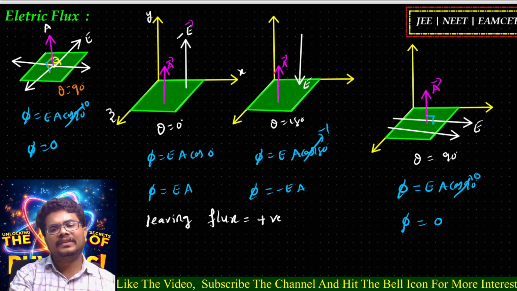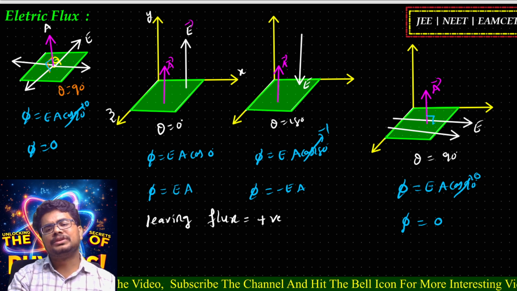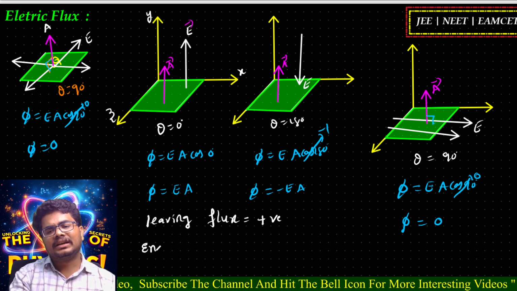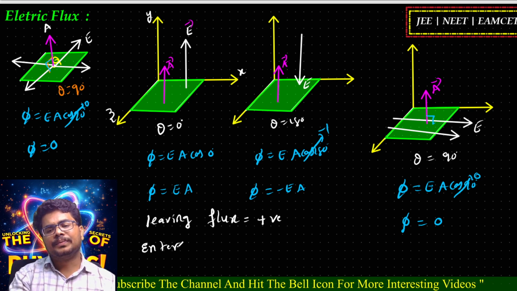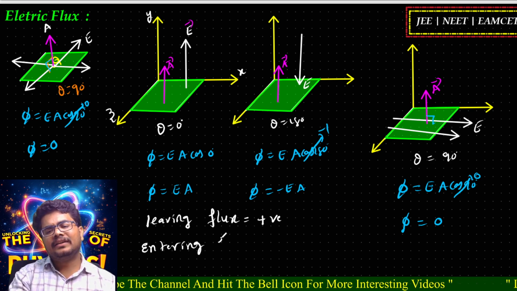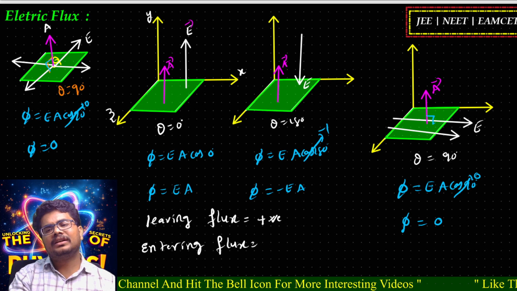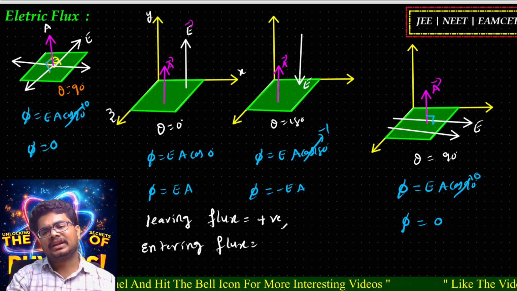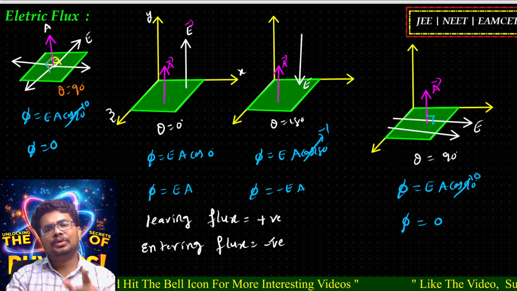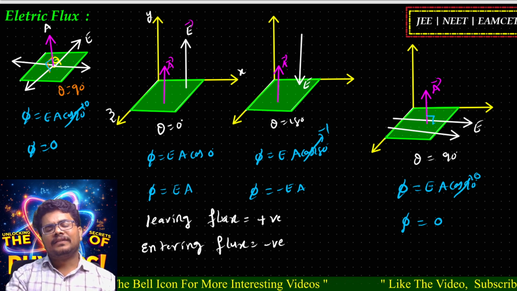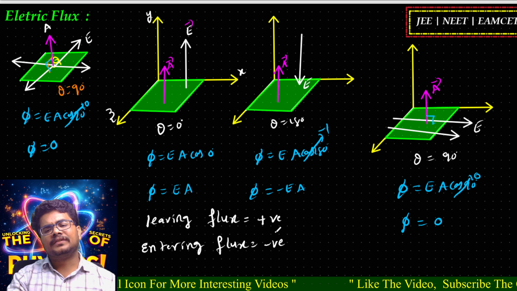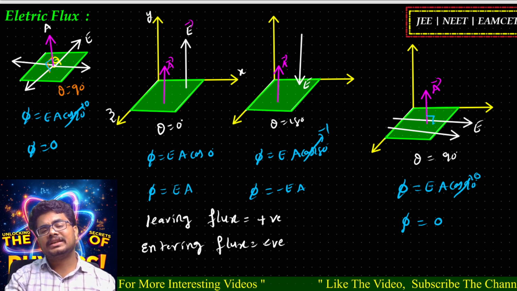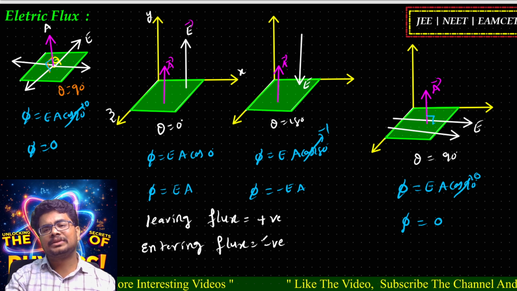In this case, the electric field leaving means the flux is leaving, that is positive. Wherever flux is entering, as in the example, the electric field entering means the flux is entering, and we got negative. Do remember, if flux is leaving, take a positive sign. If flux is entering, take a negative sign. In JEE Mains, they asked one basic question based on that.